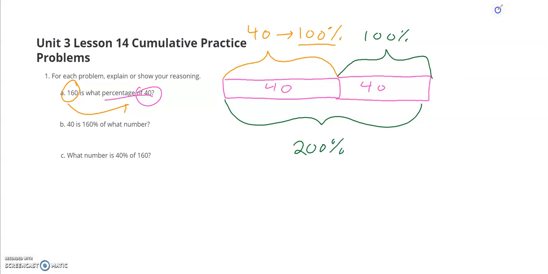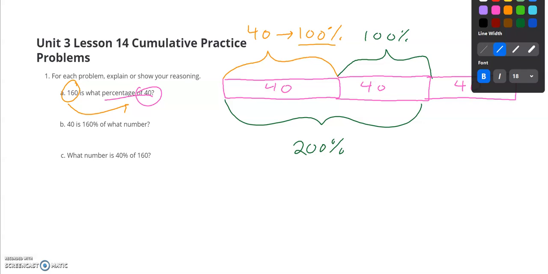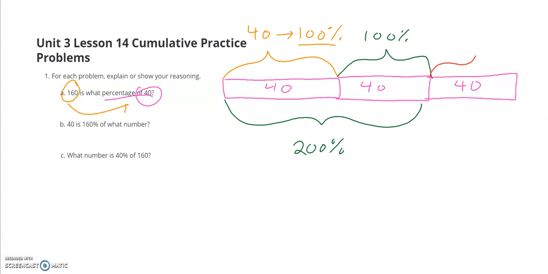We could draw another 40. This one is also 100% of 40. So now we're at 300%.